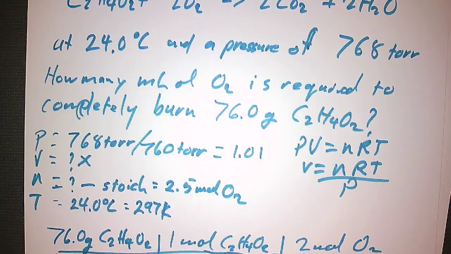Did you just use 2.5 instead of 2.53, which is fine? 2.5 times 297 times 0.08206 divided by 1.01.